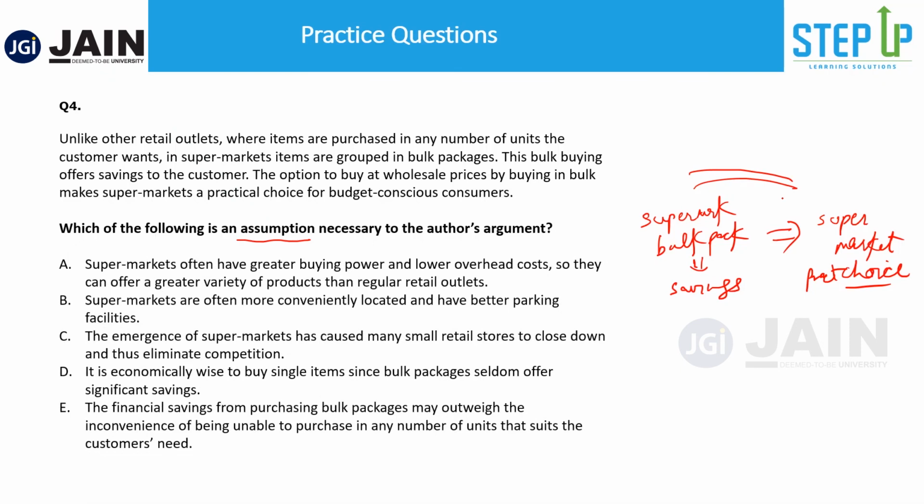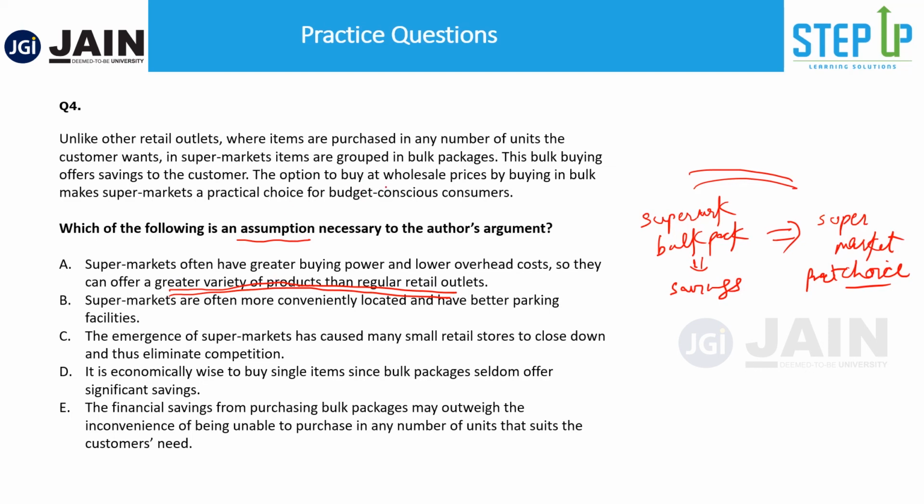Supermarkets often have greater buying power and lower overhead costs, so they can offer a greater variety of products than regular retail outlets. Okay, he's saying that because supermarkets have a greater variety of products, right? It's mostly like that, and it is from the standpoint of supermarkets. But he's saying because they offer greater choice, but that's not what the author said.